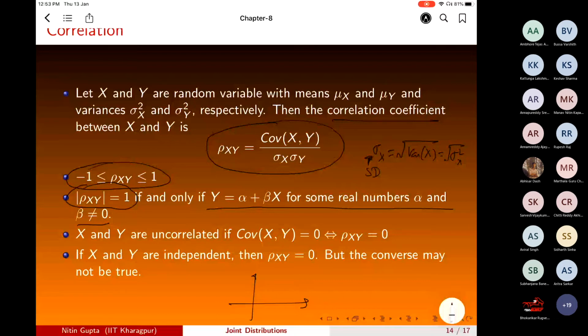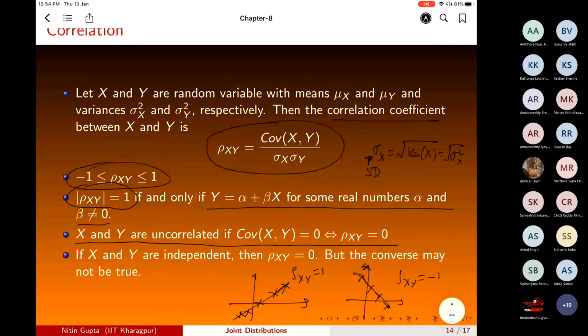If the correlation coefficient is negative, they are negatively associated, and all the data points between x and y basically lie in this fashion. And x and y are uncorrelated if covariance xy is 0. That is the definition.